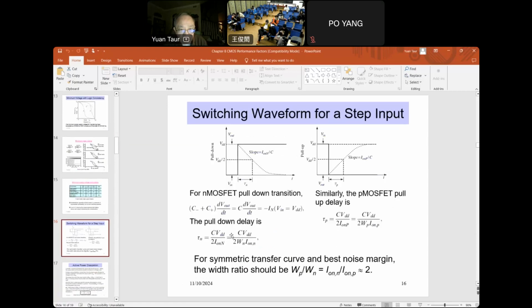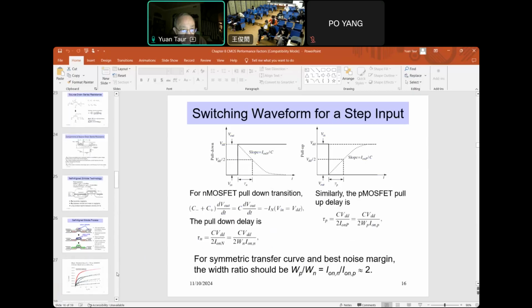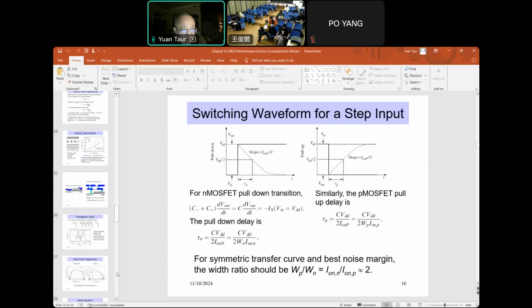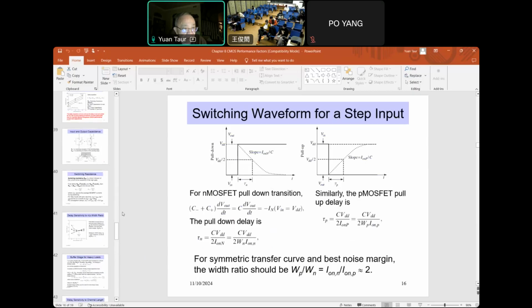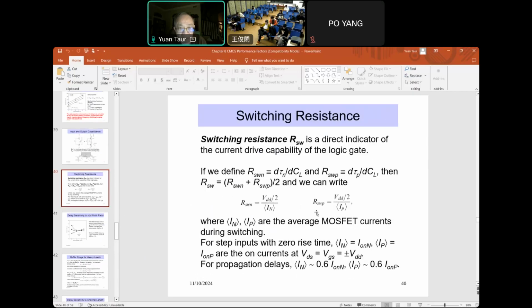Okay, so that CV/2I, that current is the on current, but now we call it the effective current or average current in the denominator, VDD/2I, and this is somewhat less than the on current, roughly 60%.